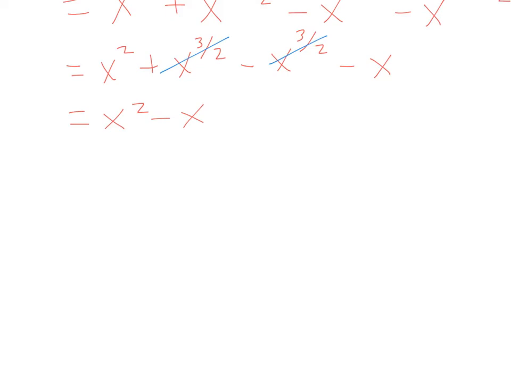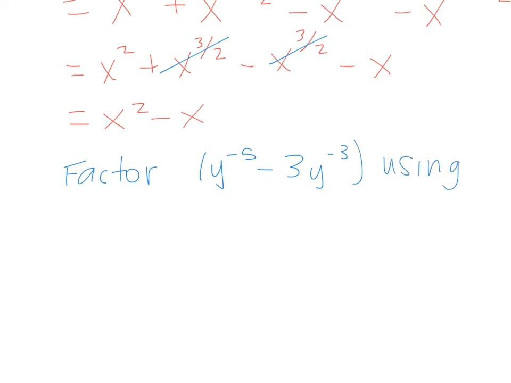Okay, this next one is a little bit different. What we want to do here is factor the expression y to the -5 minus 3 y to the -3 using y to the -5 as the greatest common factor.